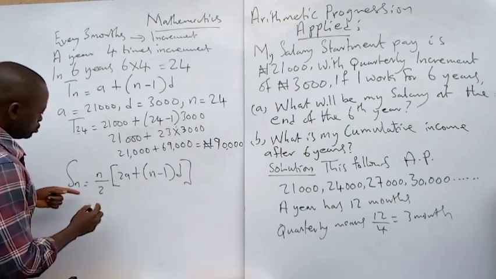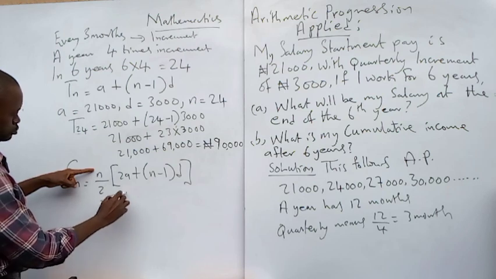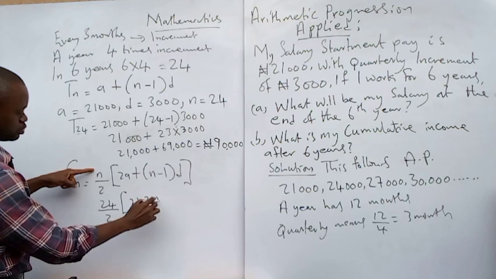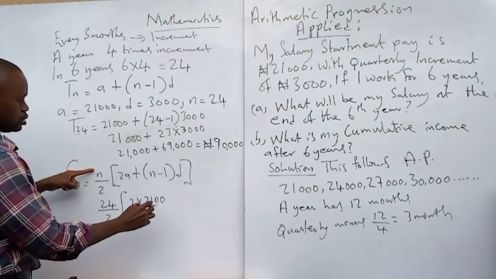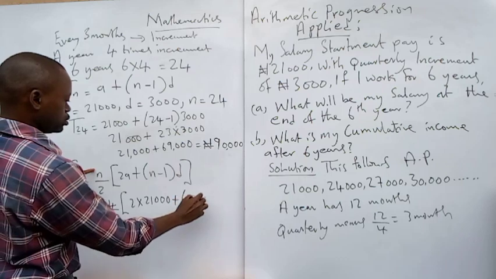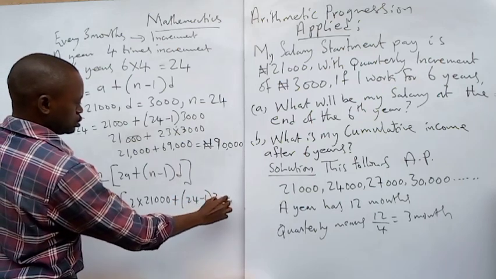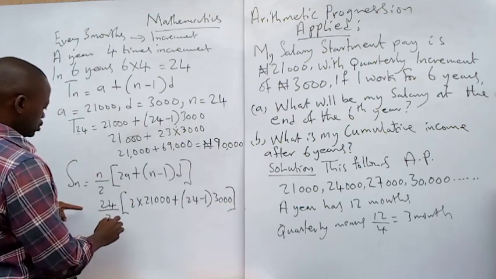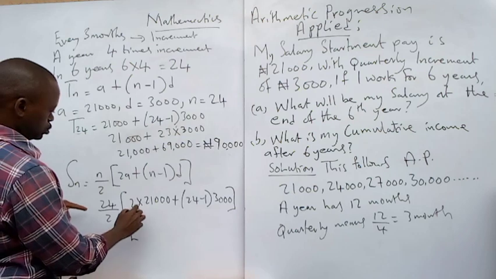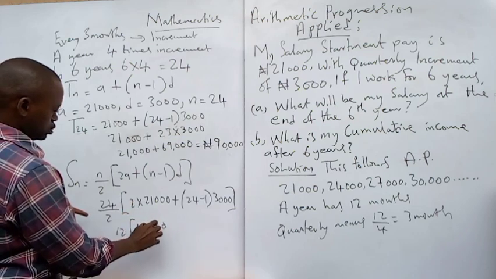All right. So here n is 24 over 2 into 2 times first term 21,000, plus in bracket 24 minus 1, 3,000 here. So this is 12 into 21,000 times 2, which gives us 42,000.